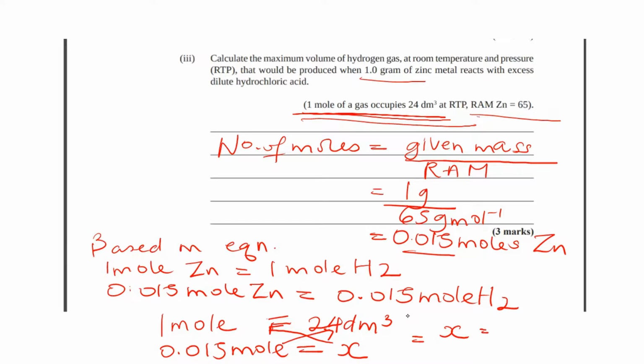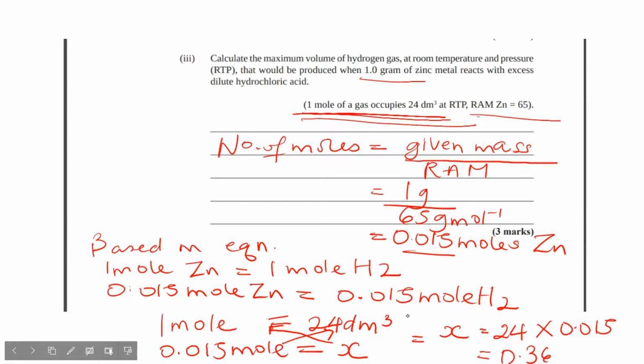X will be equal to 24 multiplied by 0.015, which is equal to 0.36 dm cube. And that's the maximum volume of hydrogen gas at room temperature and pressure that will be produced when 1 gram of zinc metal reacts with excess dilute hydrochloric acid.